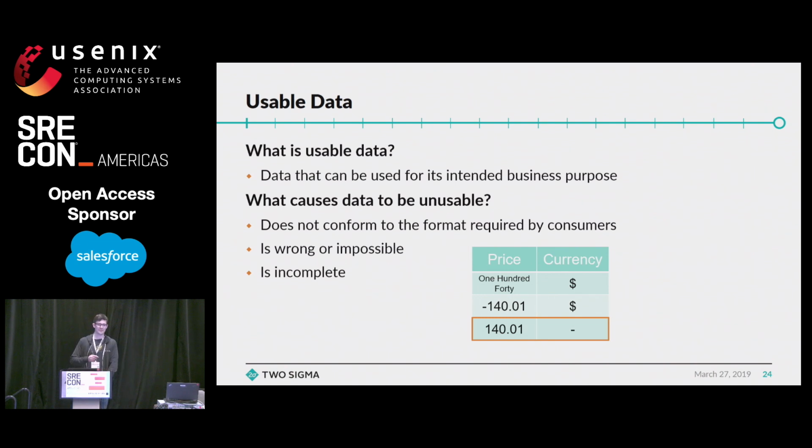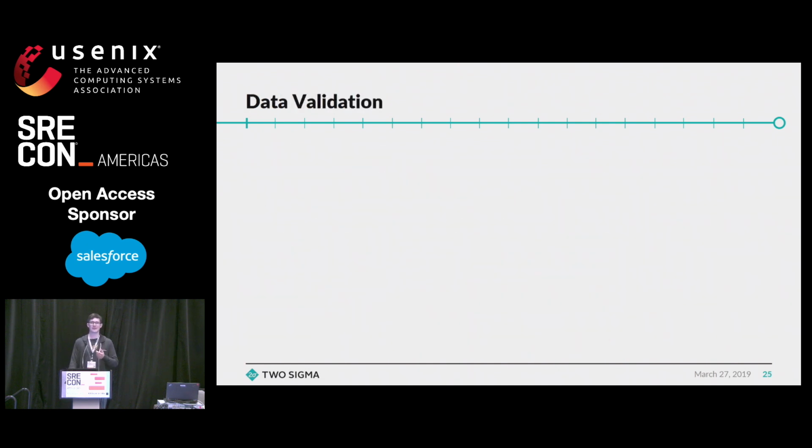Something that can happen frequently is that a previous consumer might have been okay or assumed a currency code in this situation, but the new consumer requires it. So it's very easy for these types of failures or unusability to occur in our data. So how do we ensure that the data we're generating is usable for our data consumers?